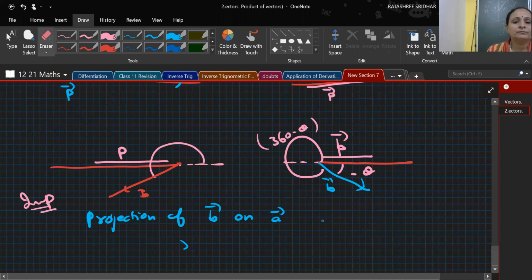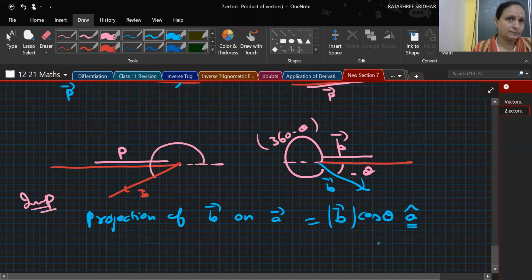Come on, say it. Modulus of B cos theta into what? A cap. Why A cap? Harsh, why A cap? Because I need to put the direction also. As I said, it will always take the direction of the vector along which it is projected, right?